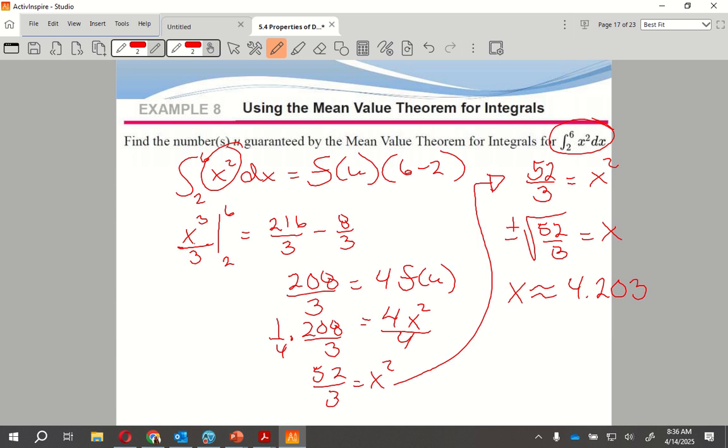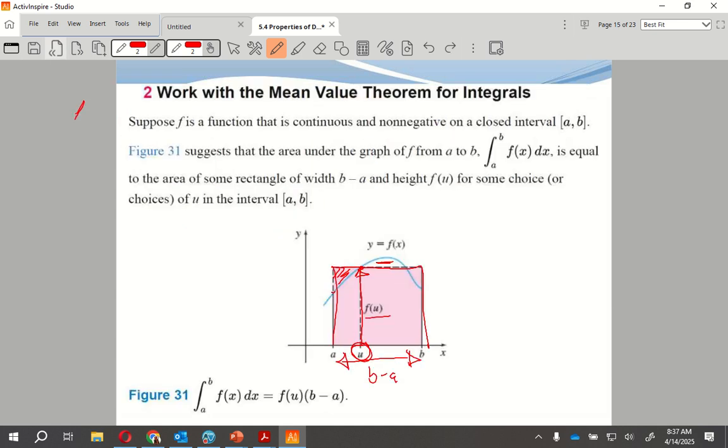Come on now. Okay, so what that really means is, if I go back to the graph, my u value should be between 2 and 6.